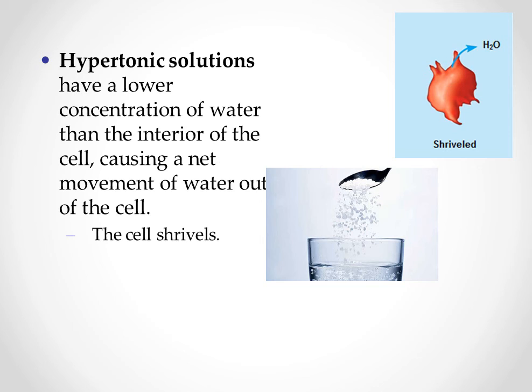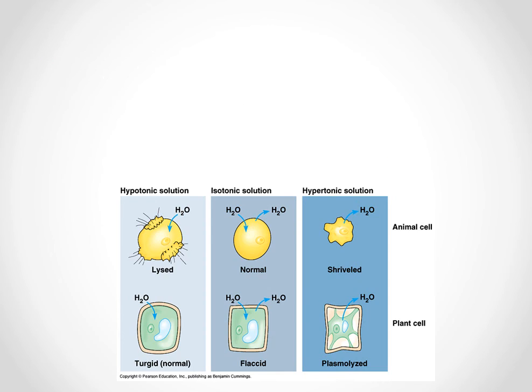This is called lyse. Now our last one is hyper. Hyper means that the water is leaving the cell and therefore it's going to shrivel and shrink. Okay, so salt water. That is why it's so dangerous to consume salt water even though you're dehydrated. Okay, on a barrier island or whatnot.